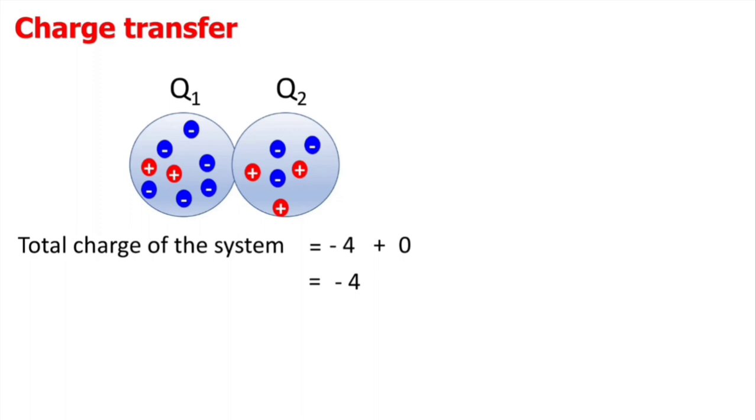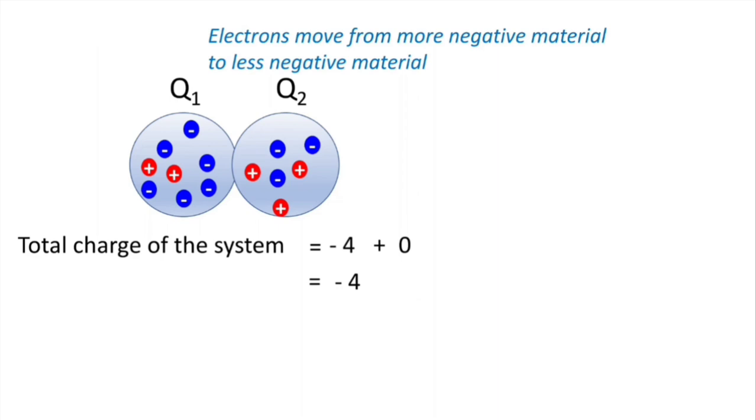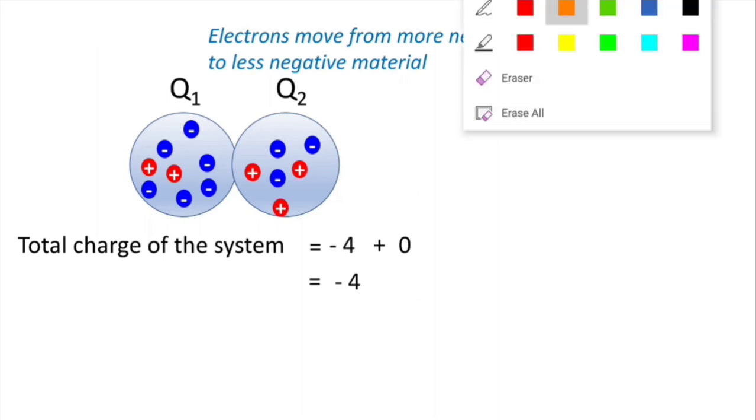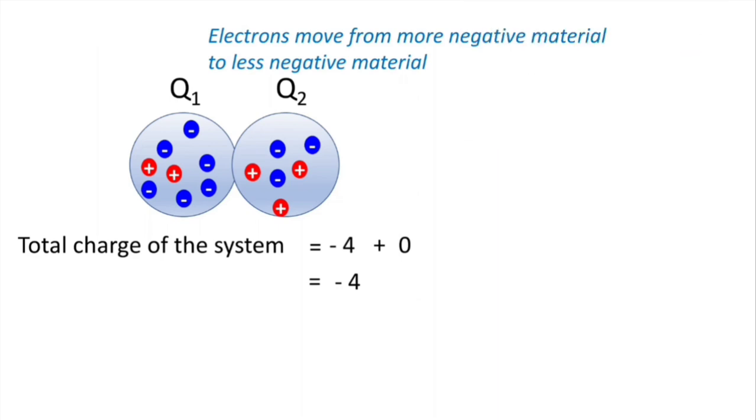Now there's going to be a transfer of charge between these two materials. The electrons will move from the more negative material to the less negative material. Which is the more negative material? Well, it's Q1.